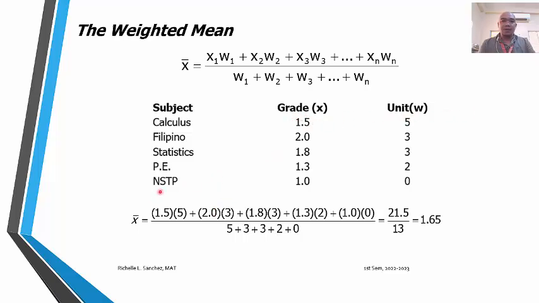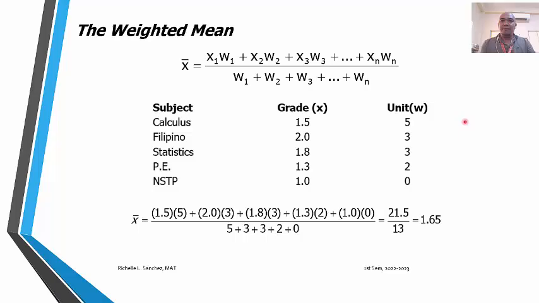And then we multiply 2.0 by 3. 1.8 times 3. 1.8 times 2. 1.0 times 0. Divided by the sum of the W's.